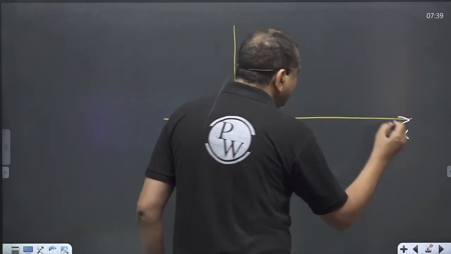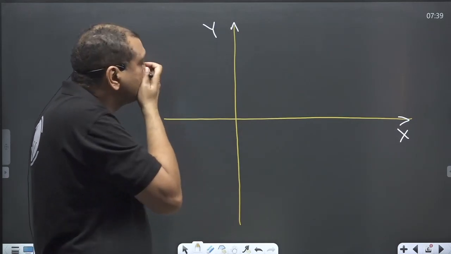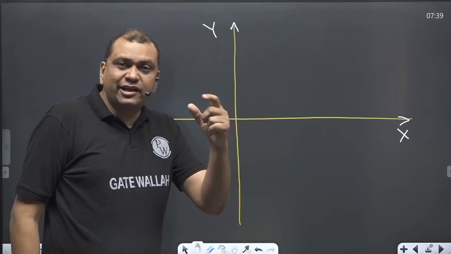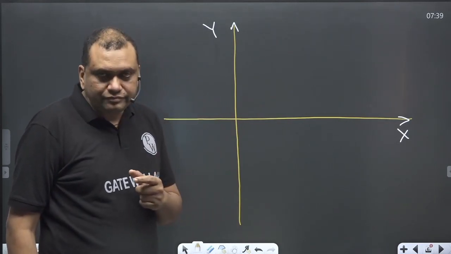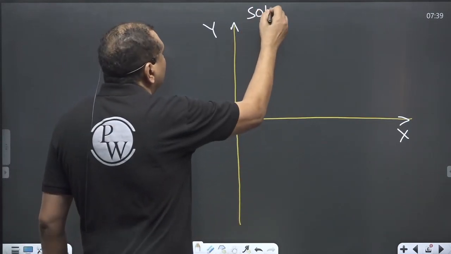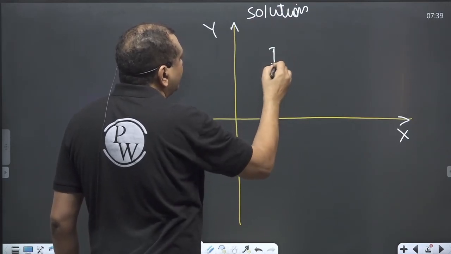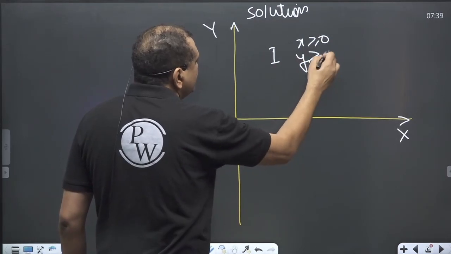Suppose this is the x-axis and this is the y-axis. If it is given x and y greater than or equal to 0, it means your solution lies in the first quadrant. x is greater than or equal to 0, y is greater than or equal to 0.